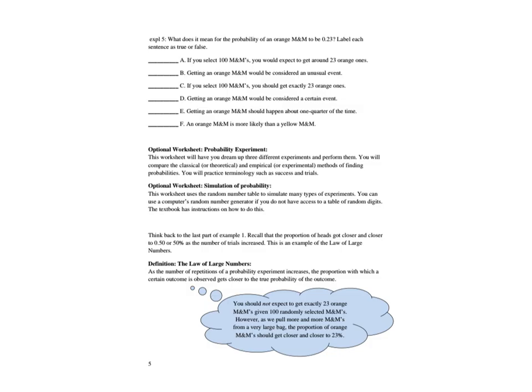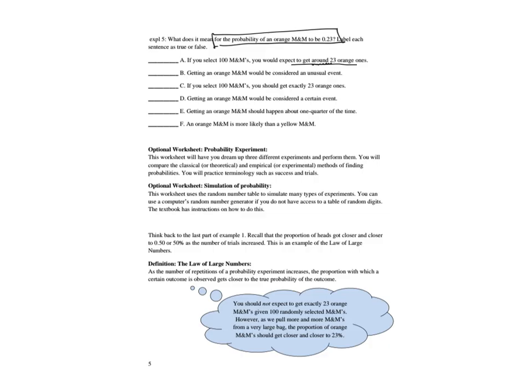What does it mean for the probability of an orange to be 0.23, as it says on the other page? Just label each sentence as true or false. I'm just going to go through these and see what I think and try to talk out loud. A, if you select 100 M&Ms, you would expect to get around 23 orange ones. That word around is very important.